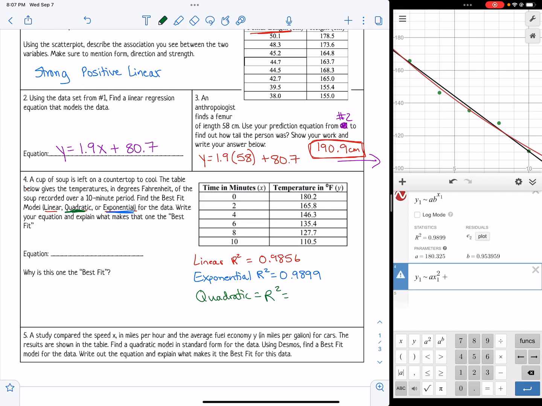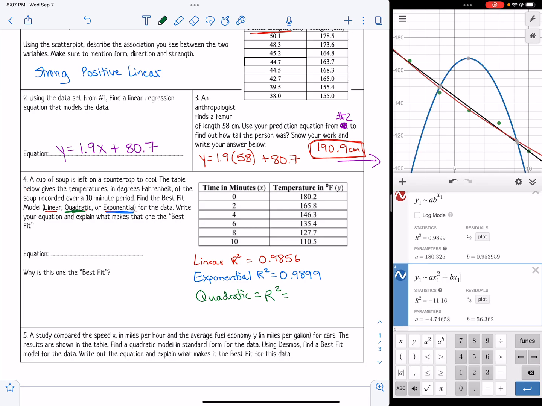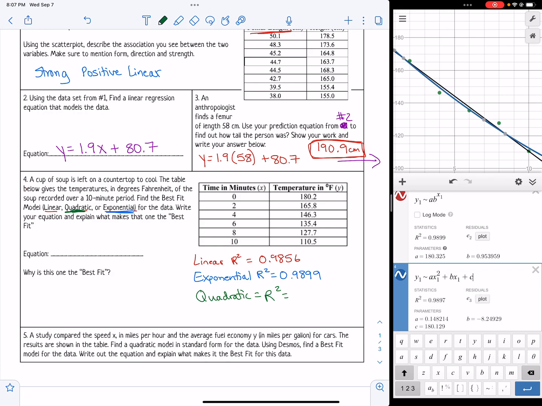Then plus bx subscript 1, and then plus c. Okay, so that R squared is 0.9897. So if you compare the 3 R square values, the exponential one is the one that is closest to 1. So that's going to be the winner.